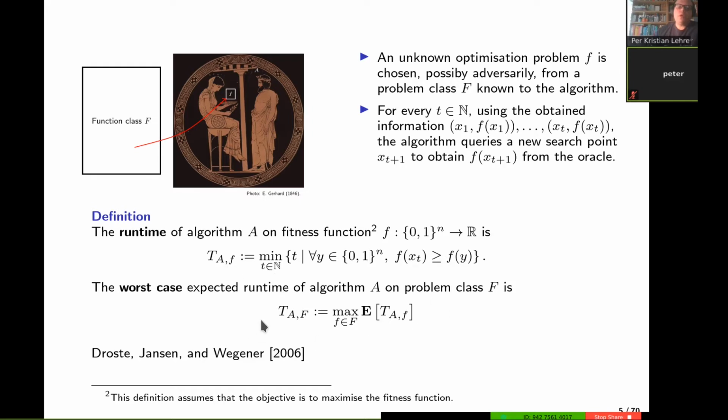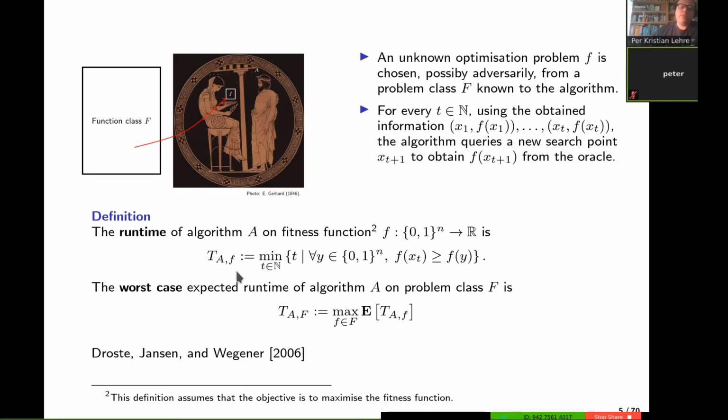Okay, so this is for one specific fitness function. But usually we are interested in understanding the runtime of the algorithm on a function class or a problem class. So now we take the maximum: the runtime of the algorithm on the class is the maximum of the runtime over any function in the class.